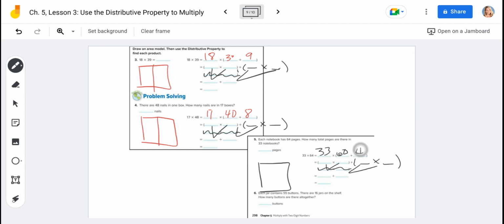And then on this bottom one, to solve it, whether you use an area model or distributive property, we're going to decompose 55 into 50 and 5. So let's do 16 on the outside.